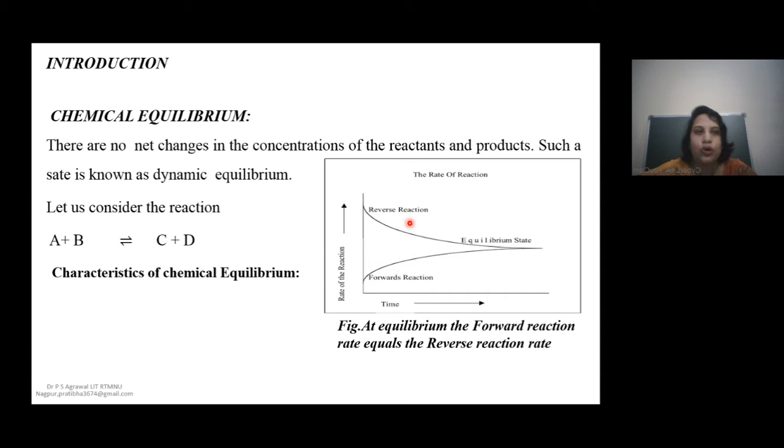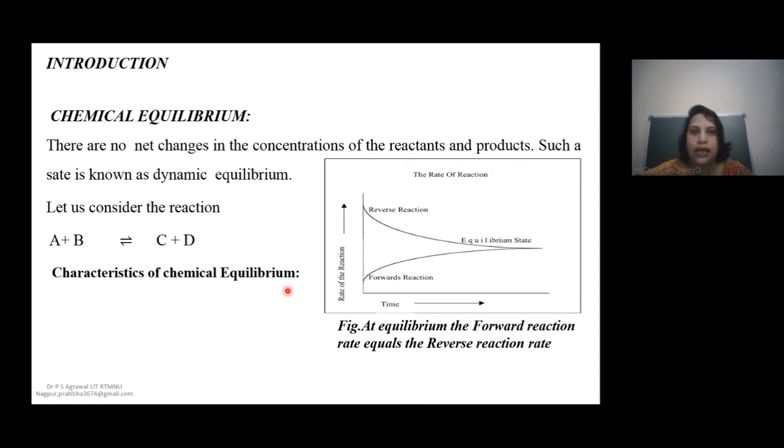Ultimately, the rates of the two opposite reactions are equal and the system attains the state of equilibrium. Thus, the state of a reversible reaction in which the concentrations of reactant and product do not change is known as chemical equilibrium. What are the various characteristics of this chemical equilibrium?